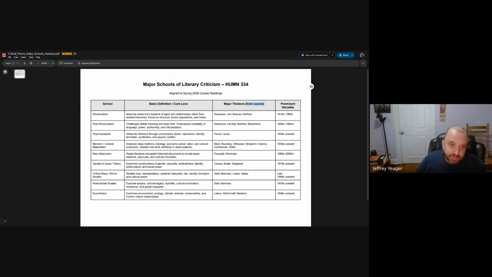Oftentimes these concepts were used in order to justify awful systems of oppression, things like slavery. So critical race theory looks at stuff like that, especially takes the notion that race is a major factor in how people are held down.